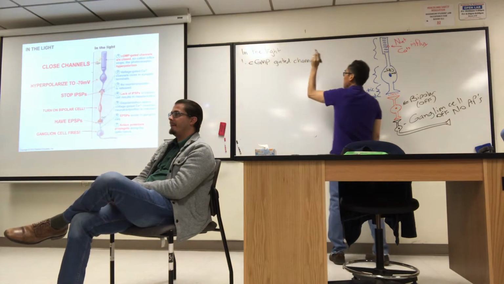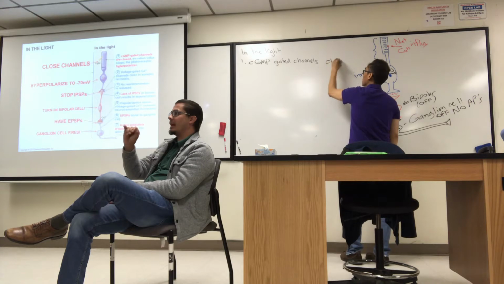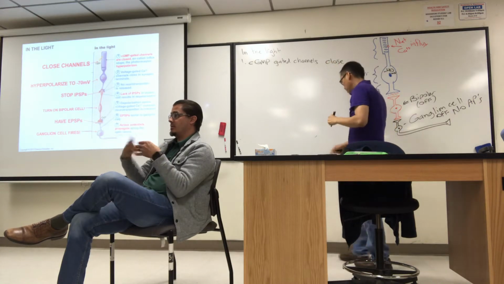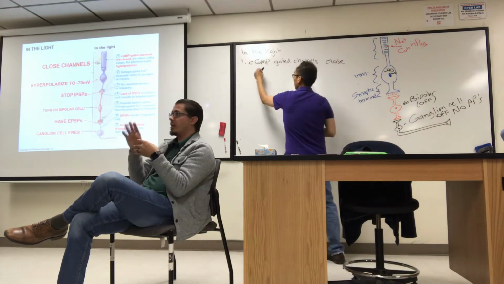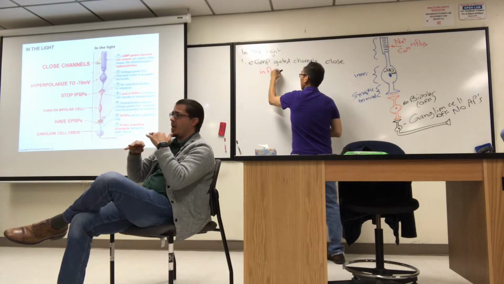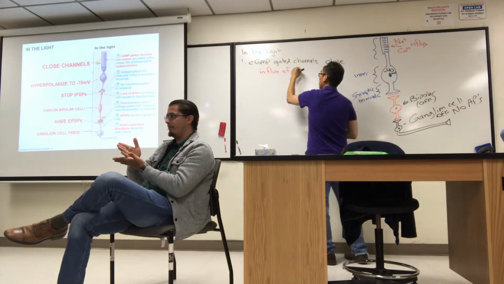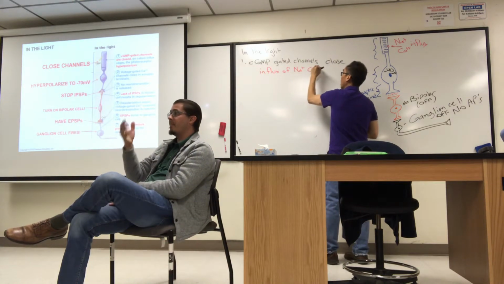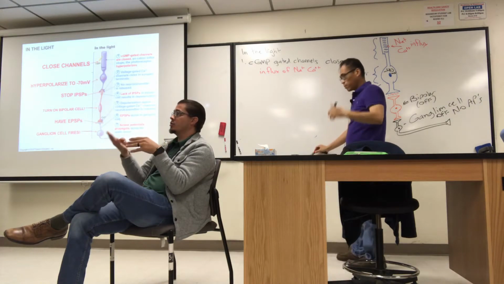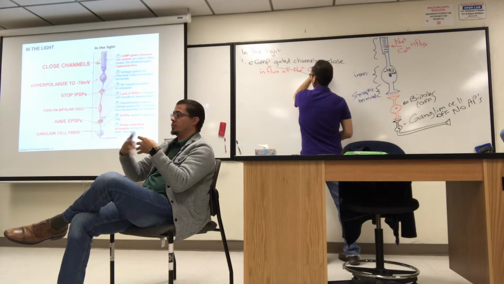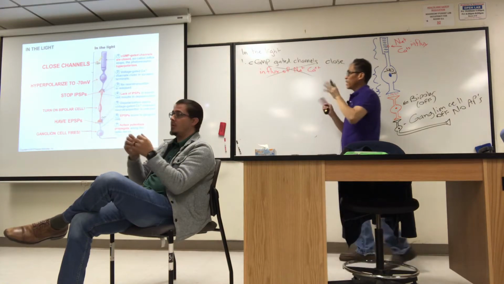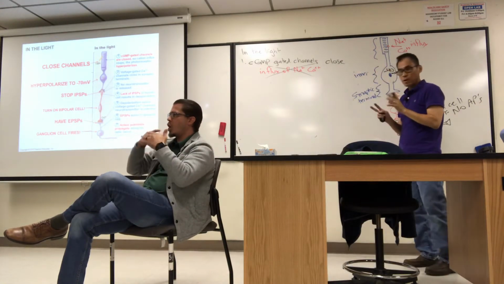So what I'm writing is cyclic GMP gated channels close. We had that influx of sodium, calcium before. But with the channels closed, I'll put a big X through it. Without that dark current, there's no dark current.